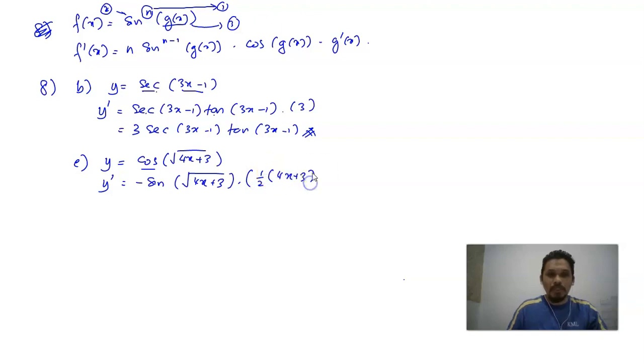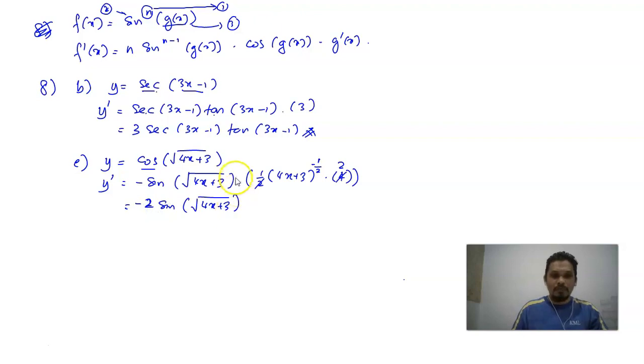(4x plus 3) to the power of half minus 1, which equals negative 1 over 2. And then differentiate 4x plus 3, it gives you 4. Then 4 divided by 2 equals 2. So you come up with negative sine square root of 4x plus 3, and we got 2 here.